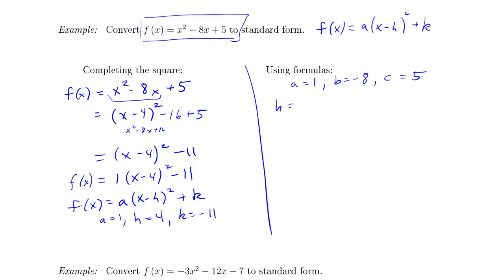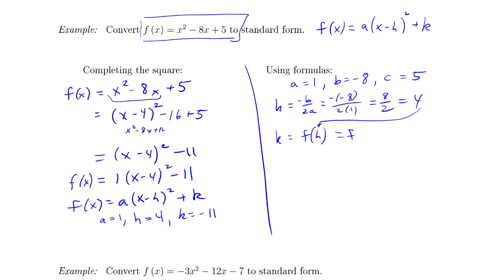And we already said that h is negative b over 2a, which would be negative 8 over 2 times 1, or in other words, 8 over 2 or 4. So once I have that, then I know that I can get k, because k is just f of h. I already just found that, so f of 4.